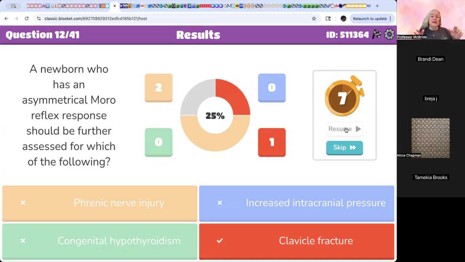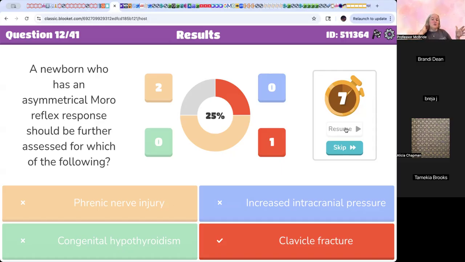And so if we just hold onto their hands and pull up just a little bit and let go, they'll go like this. It's like they feel like they might fall. But when they do that, their arms come up and this should be equal. If you have an asymmetric response, then it's not equal, and that makes us worry that maybe something's going on with the side that didn't respond the same.